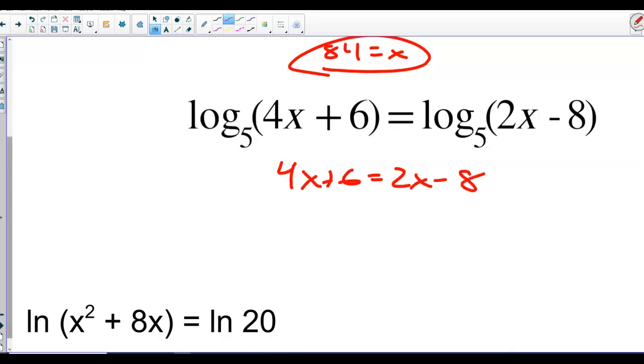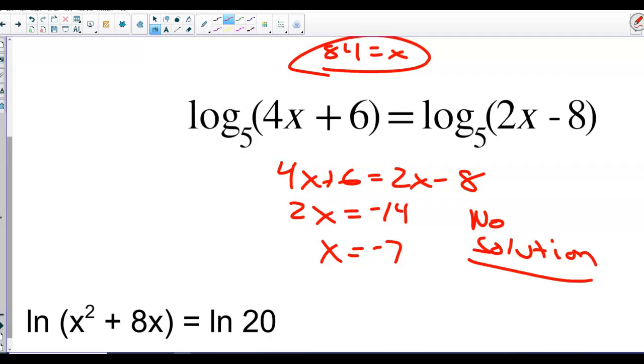Now, unfortunately, in this problem, we get 2x equals negative 14, and x equals negative 7. This is a no solution. The reason it's a no solution is when you plug negative 7 back in, you get negative numbers there. You can't have a negative number there. Okay? So it's a no solution.